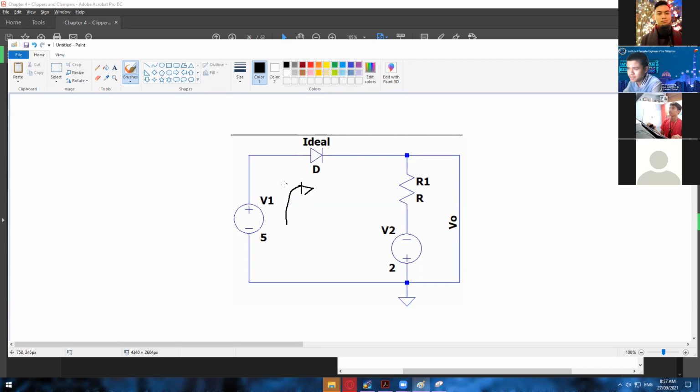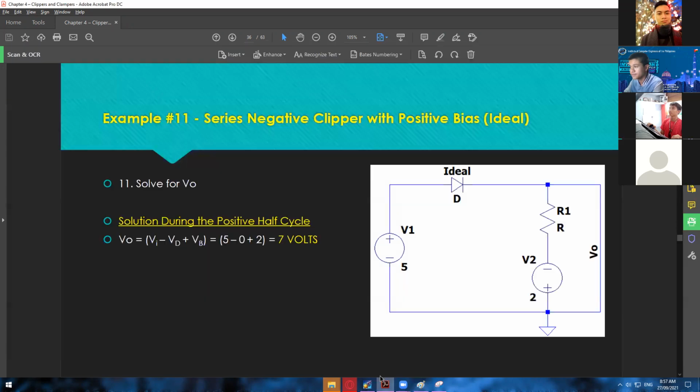After that, just apply KVL. We have positive 5 right here, and this one is ideal, so this one is 0, and then we have positive 2 right here. So plus 5 plus 2 is equal to 7 volts reading on this VO. That's how we got this 7 volts.